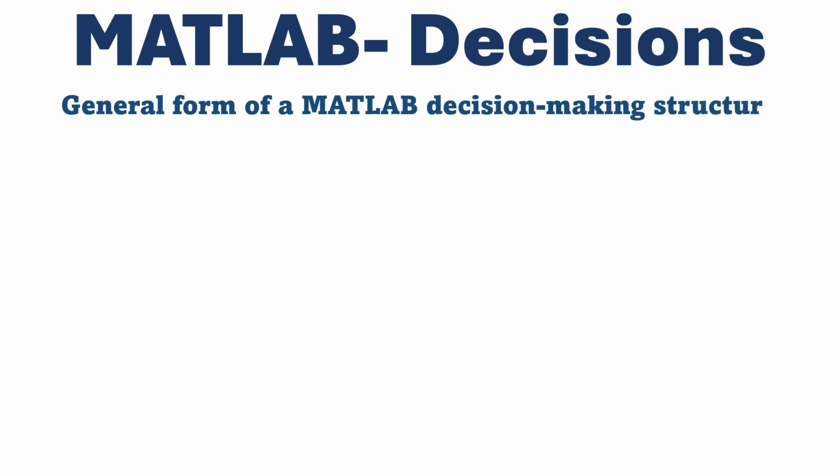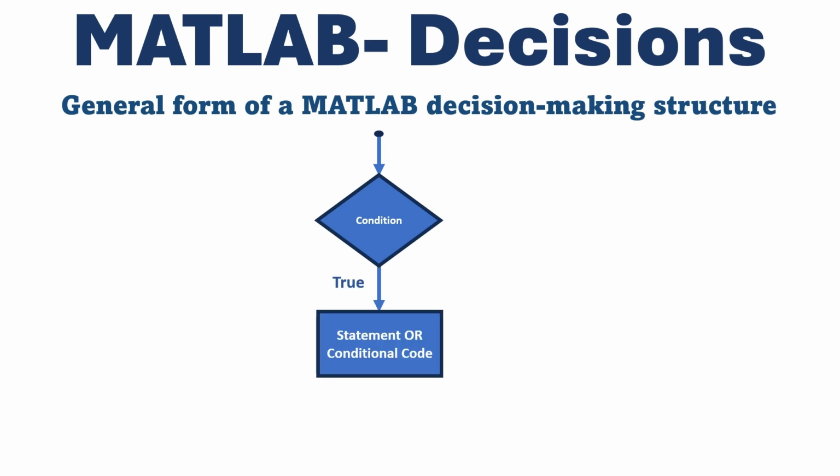In general, this is the form of the MATLAB decision-making structure and how it looks. Here we start, and when we start, it goes to the condition. There are two ways out of the condition: true and false. If it is true, then we start executing the statement or the specific conditional code written under that condition, and then it goes to the next step.